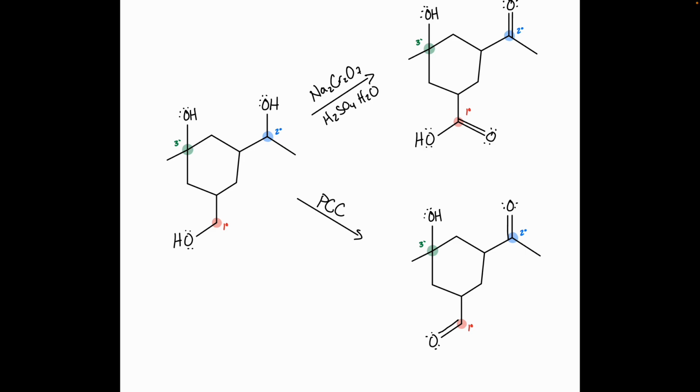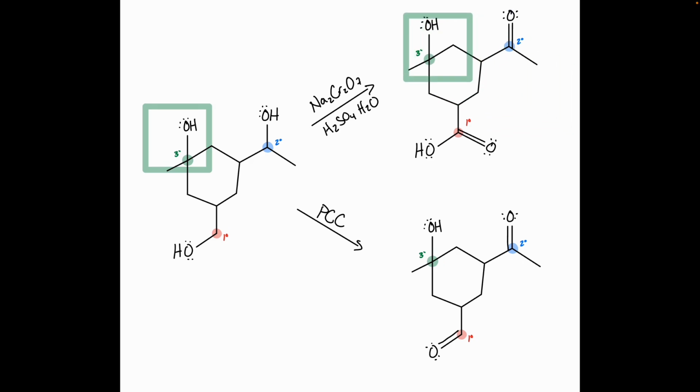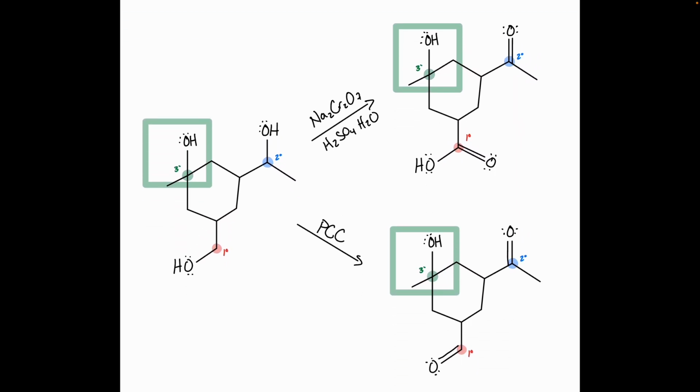Okay, so what we can note here is that nothing happens to that tertiary alcohol, right? After both oxidation reactions, it's the exact same as it was when we started. My secondary alcohol does get oxidized, but it doesn't matter whether we use a strong or a weak oxidizer.